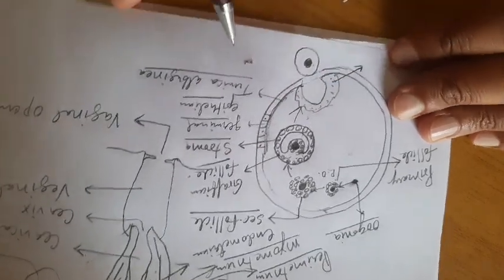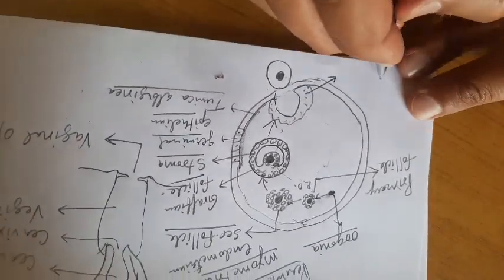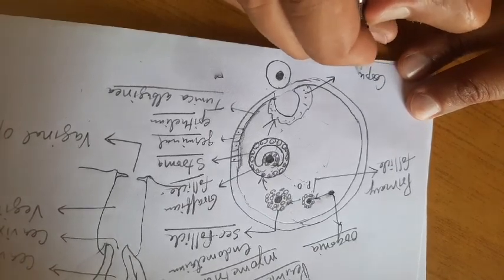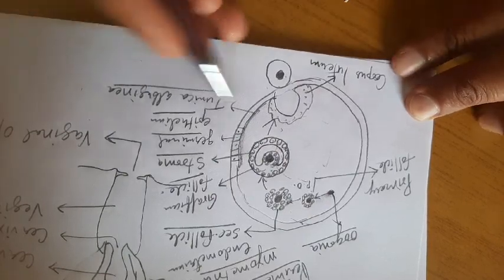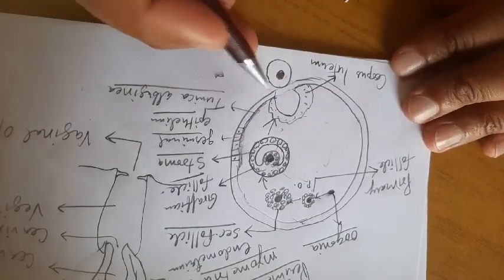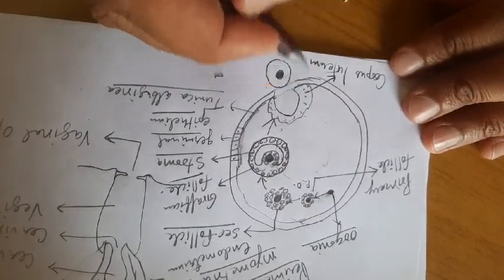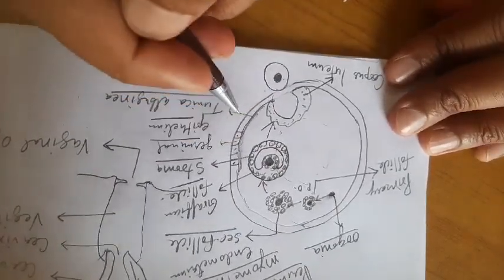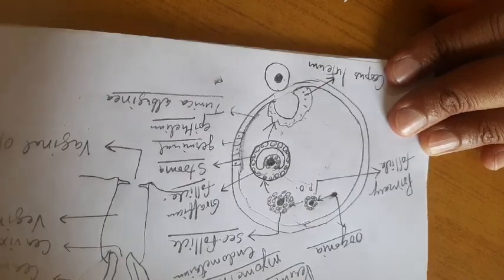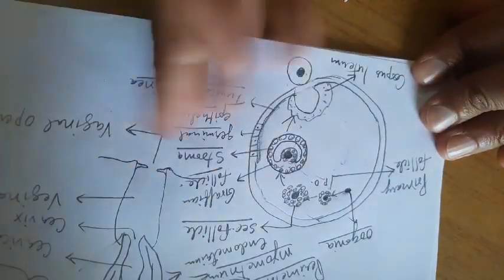It is called the corpus luteum, the endocrine gland. It also secretes the progesterone hormone, which helps in implantation and further pregnancy related processes.